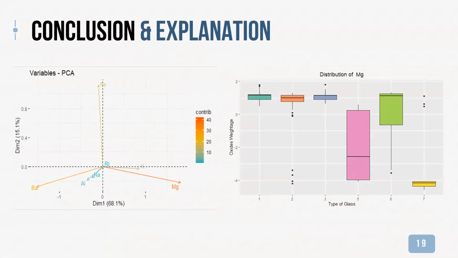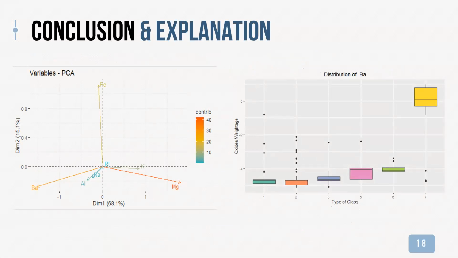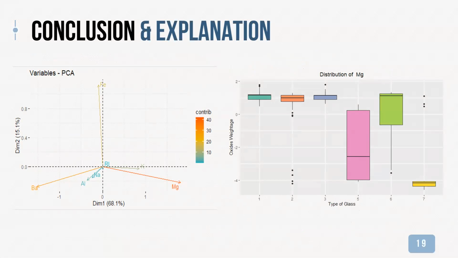Yeah, you see, your type 5 glass has a unique signature for magnesium, although not barium, but magnesium. So you should check the loadings for PC6. Check the loadings for PC6, then you might be able to see that magnesium is important for separating type 5.